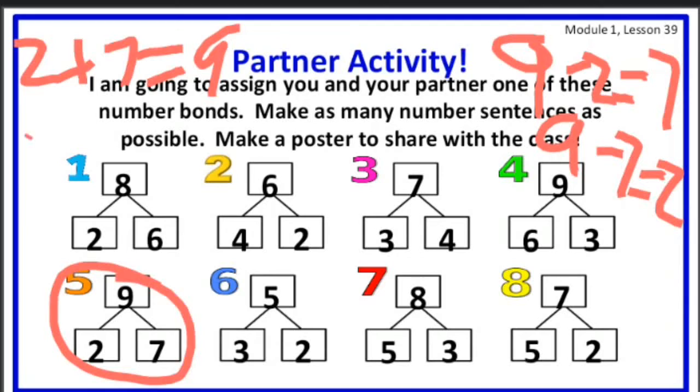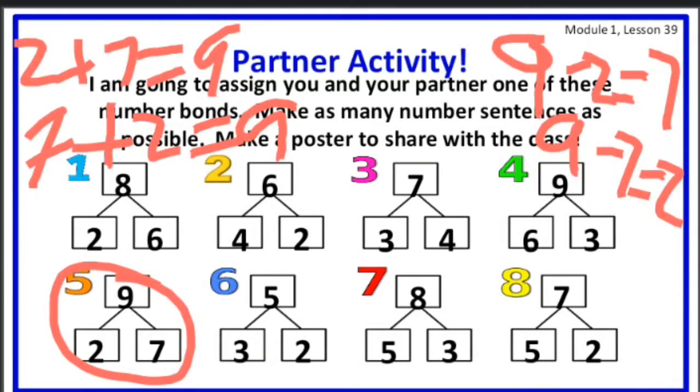Good. Or 7 plus 2 will give us 9. You see that? Don't forget, I told you before, when adding, the whole will come last after the equal sign. When subtracting, the whole will come first because it is the larger number.